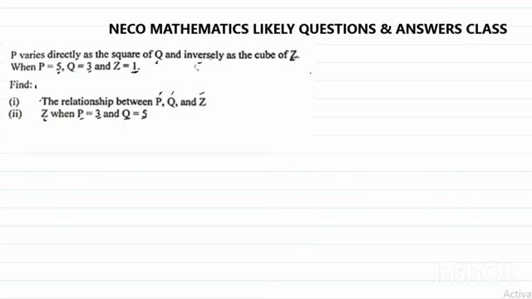So let's interpret the statement here. When you look at a question like this, you should know that it is picked under this particular topic called variation.